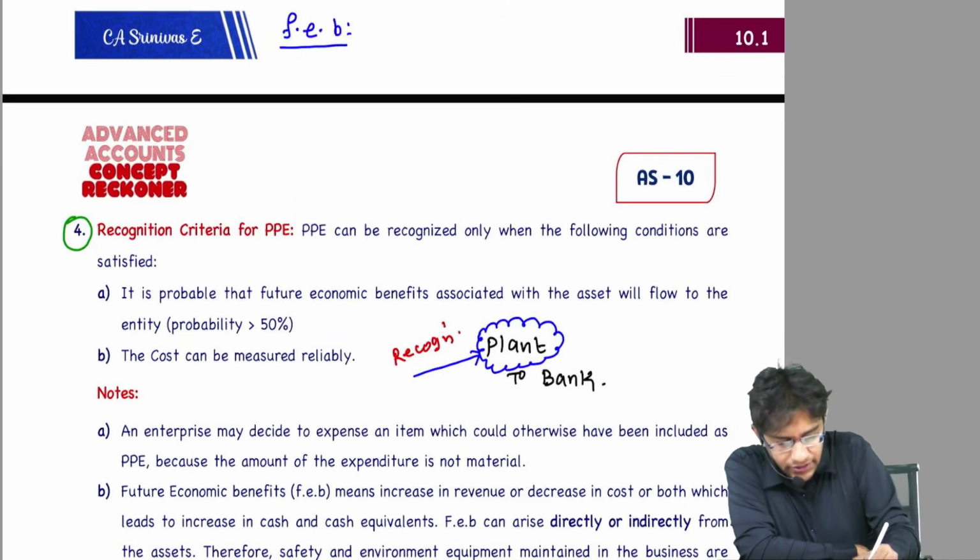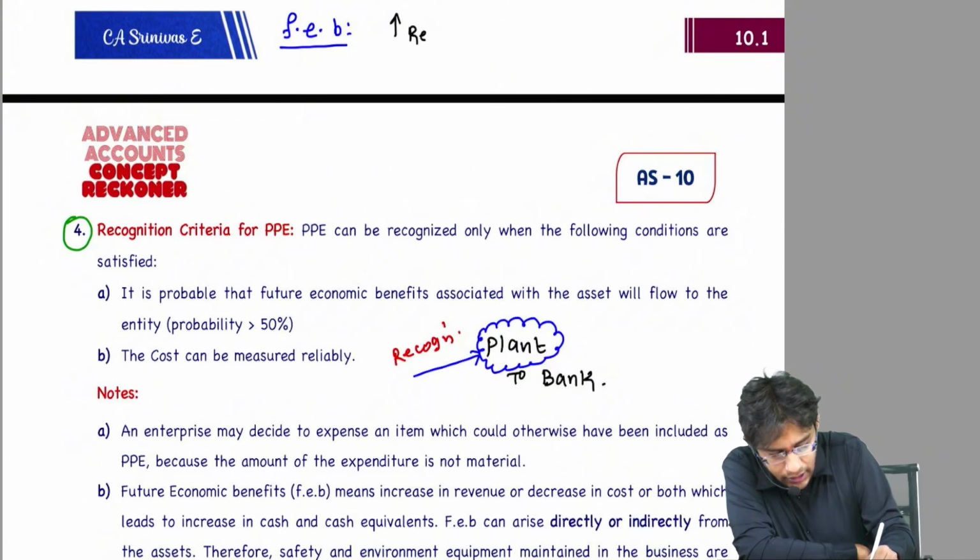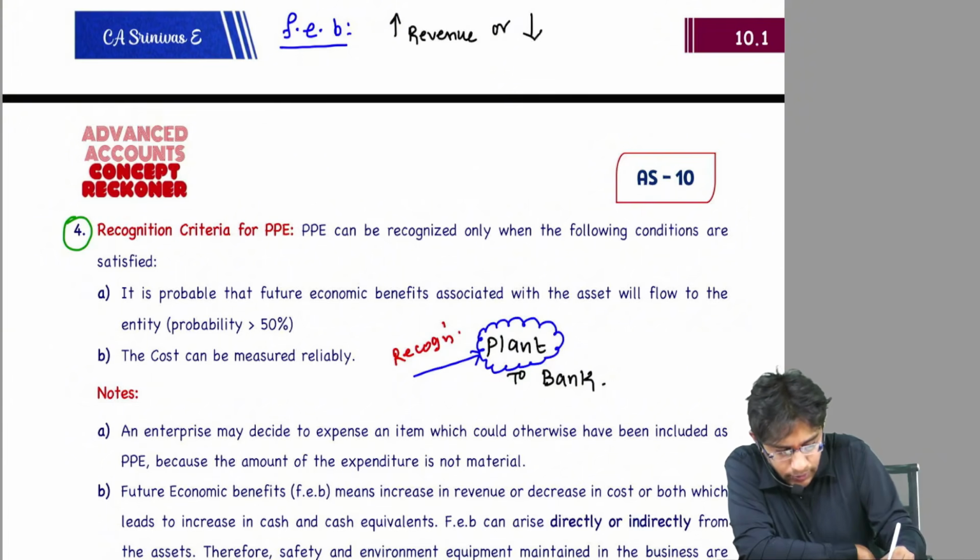Future economic benefit means in future either there should be an increase in your revenue or there should be a decrease in your cost or both, and ultimately it must result in an increase in your cash and cash equivalents.